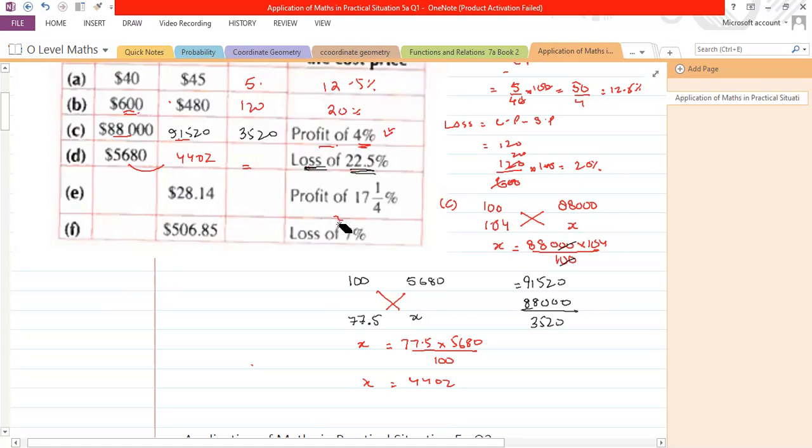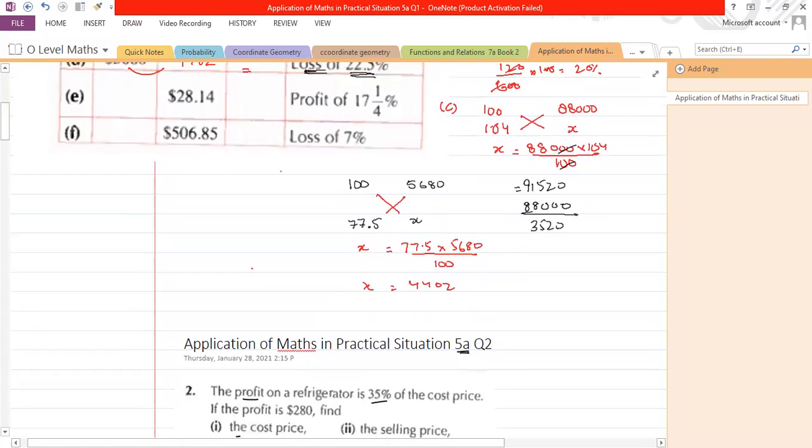Coming to the next question. Now look at it, something has been given here, that 1700. If you sell something like this, suppose it was a profit of 17.25, it means it became 117.25 from 100%.